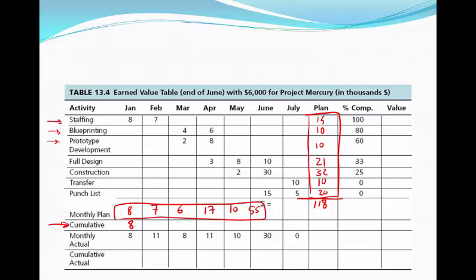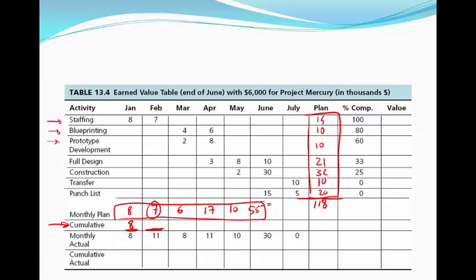February, our cumulative cost is a total. To figure out our cumulative costs for the end of February, what we're doing is we're figuring out how much we've spent so far to date. So that would be using the January number plus how much we're going to be spending in February.